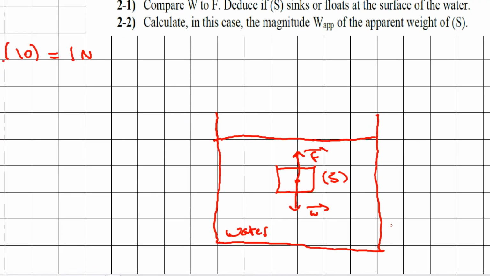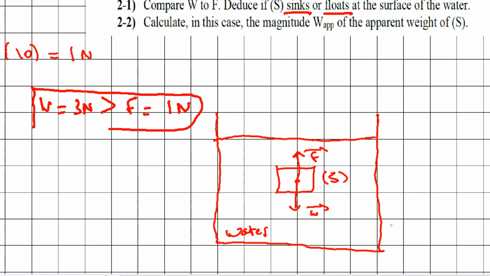Now the magnitude of W is 3 newtons, which is greater than the magnitude of F, which is 1 newton. Recall that we are interested in determining whether S sinks or floats. The action of W is vertically downward, and the action of F is vertically upward. And this tells us that the action of W is greater than the action of F. For this reason, the solid S will sink.